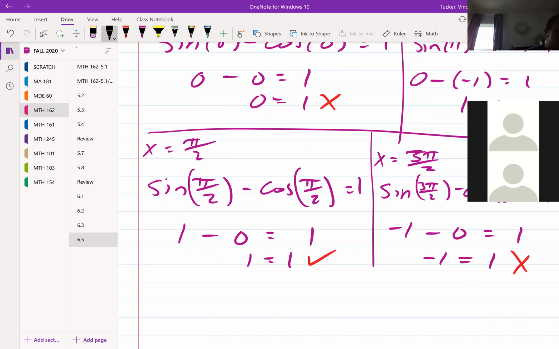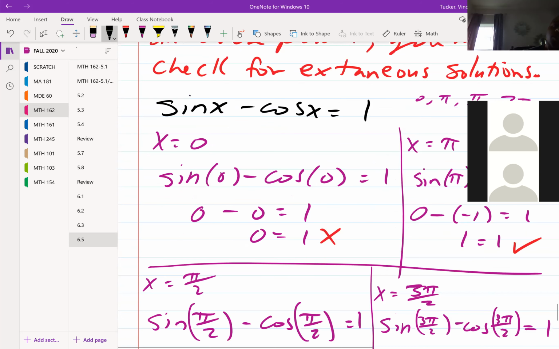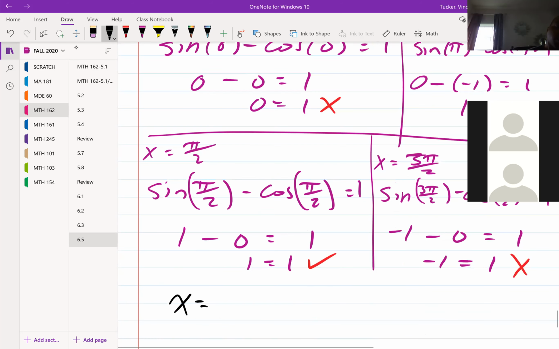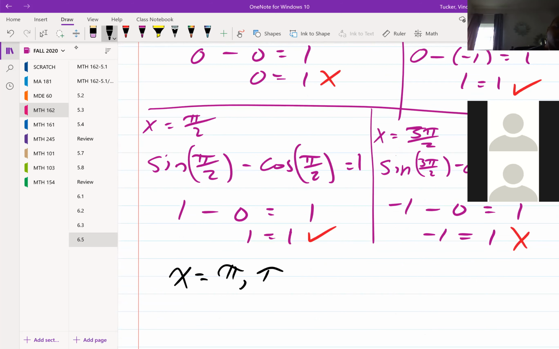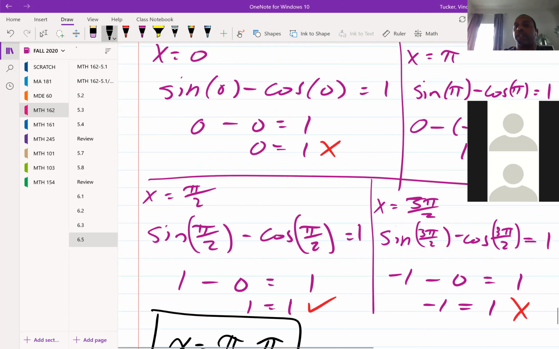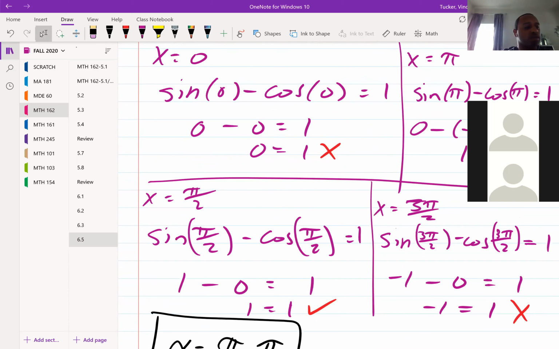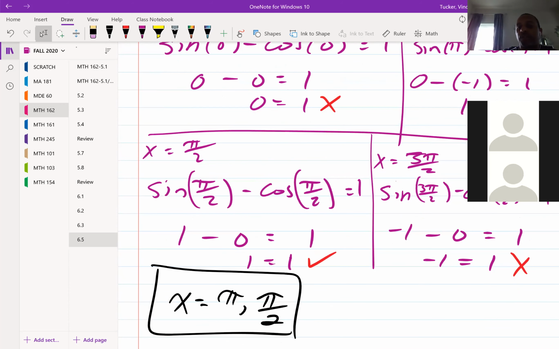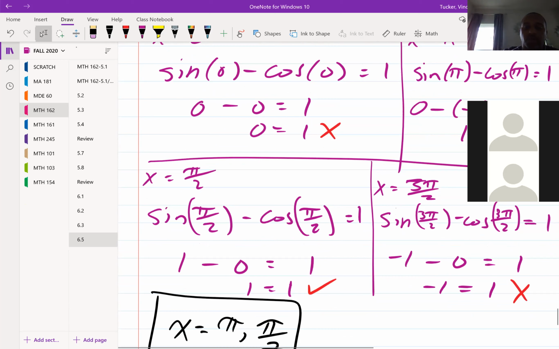All right, so as far as solutions go, we said pi over 2. So trying those out, we plug those in, and we see that only pi and pi over 2 work as solutions for us. The other two do not, so they're considered extraneous.